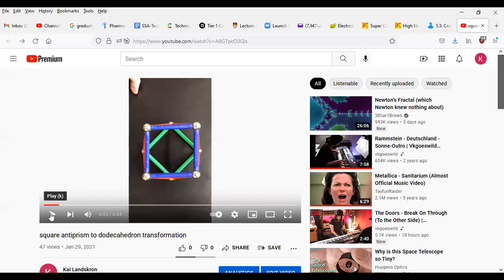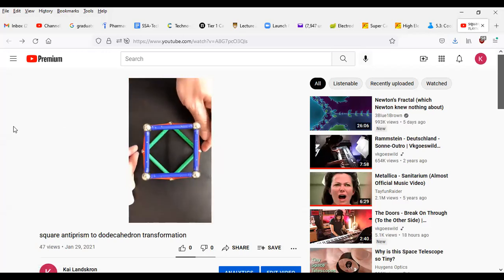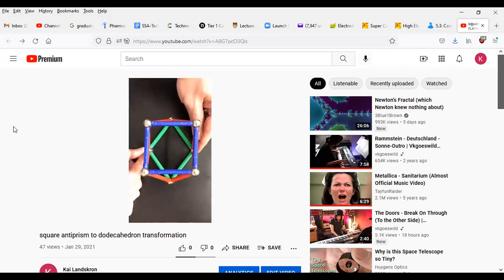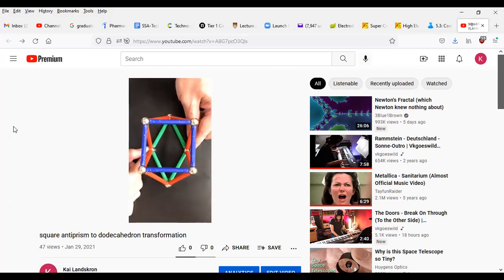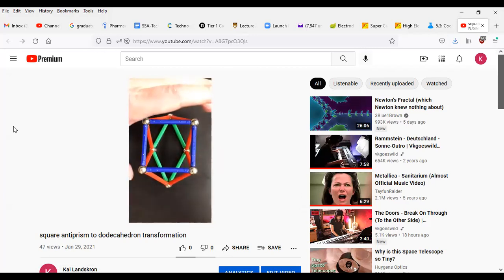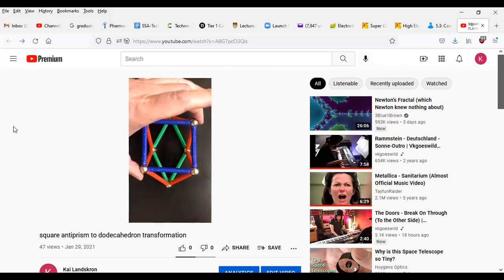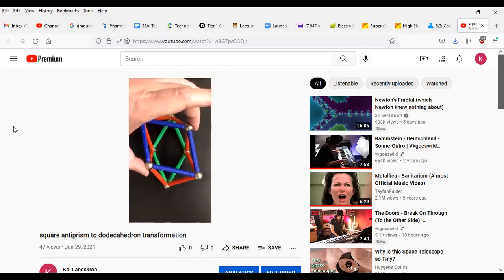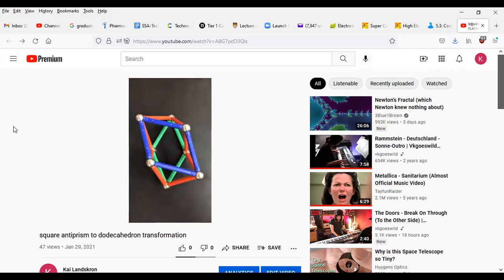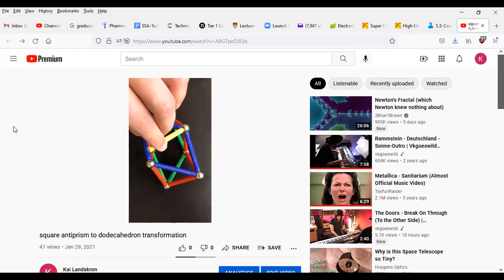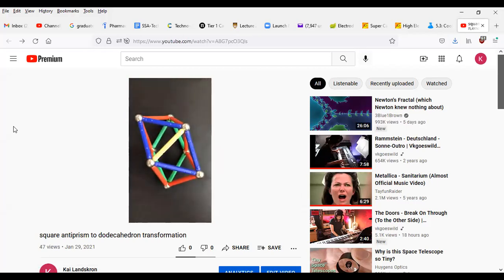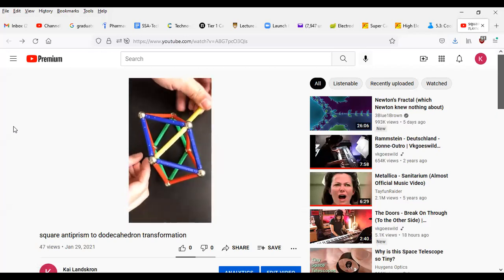So we start out from the square antiprism. And now we squeeze the green square this way. And next we squeeze the blue square. And that creates essentially triangular faces. Now we can show that they are triangular faces by placing the respective edges into the resulting polyhedron.